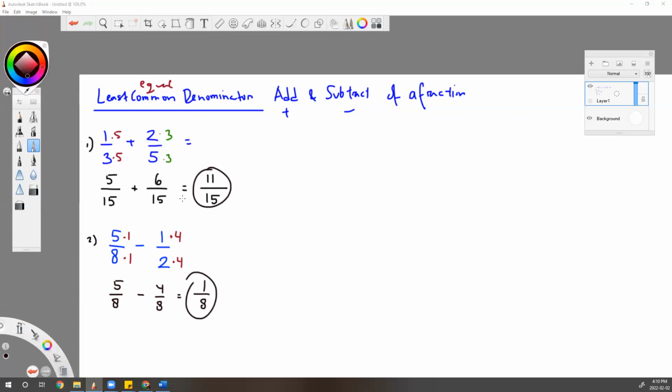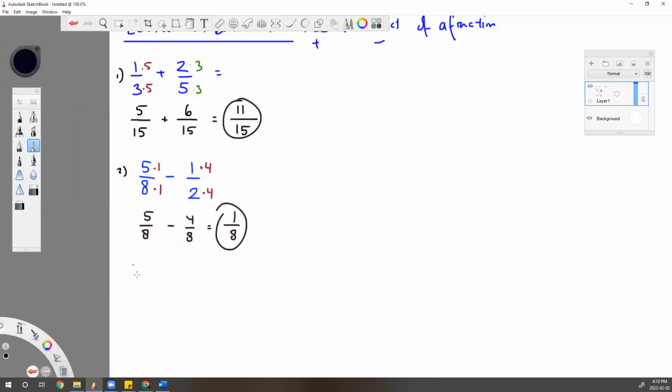But let's say I have another understanding about this, I want to just multiply. For example, the same question. I want to multiply simply by this 8 and 2. So I multiply by 2, I multiply by 2, I multiply by 8, I multiply by 8. Why? Because it's easy. Because 8 times 2 is 16, 2 times 8 is also 16.